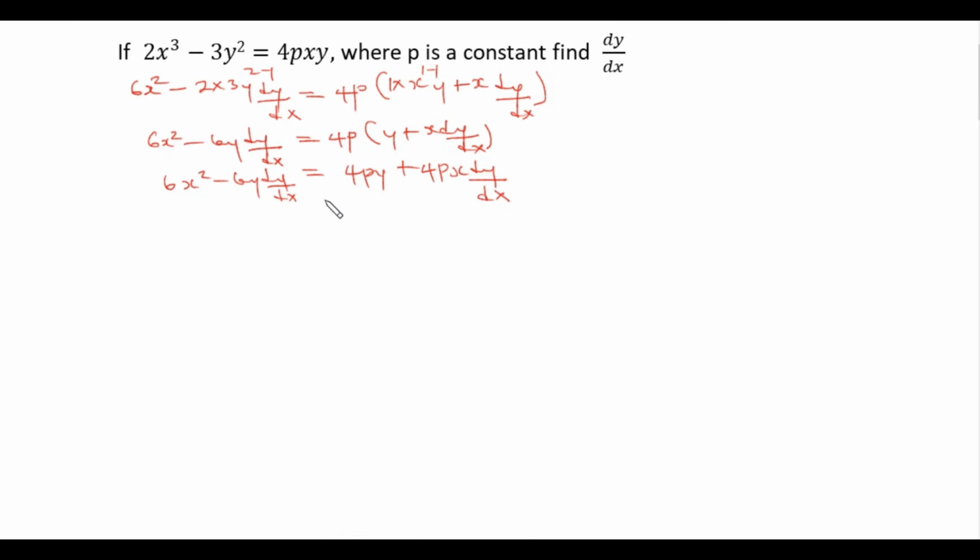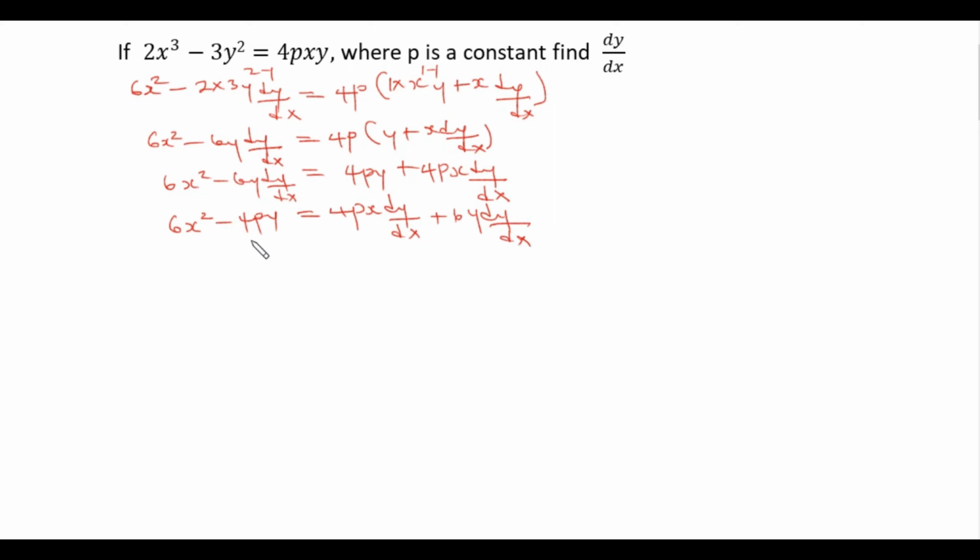So we bring this over and then send this over to the other side. So this becomes positive 6x squared minus 4py is equal to 4px dy/dx. This becomes plus 6y dy/dx.